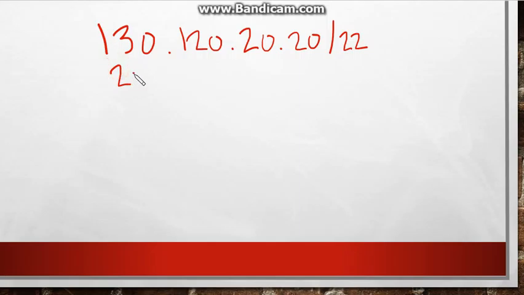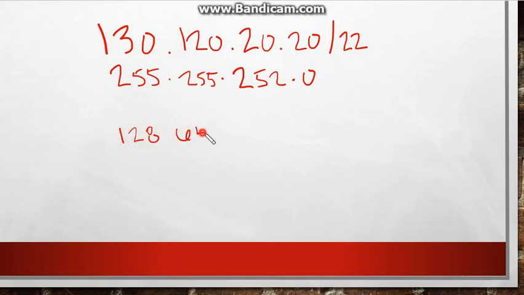Well, we know that it's 255.255, and then how many bits is that? 6. So a 6 should be a 252, 6 bits, dot 0.